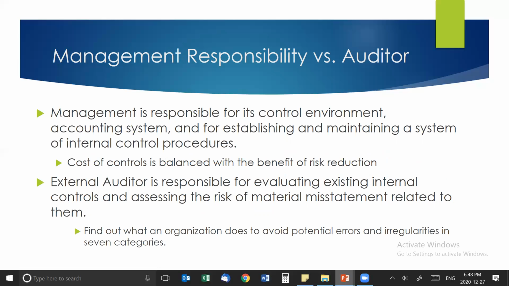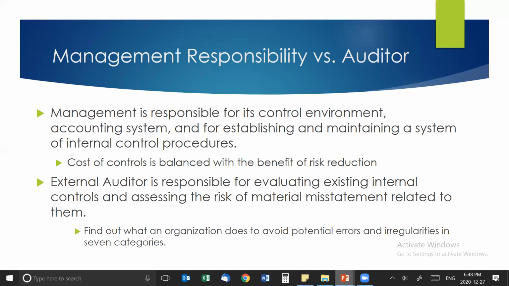Management is responsible for its control environment and establishing internal control procedures. The cost of having controls is balanced with the benefit of the risk reduction. So it might be really costly to implement so many controls in your company.